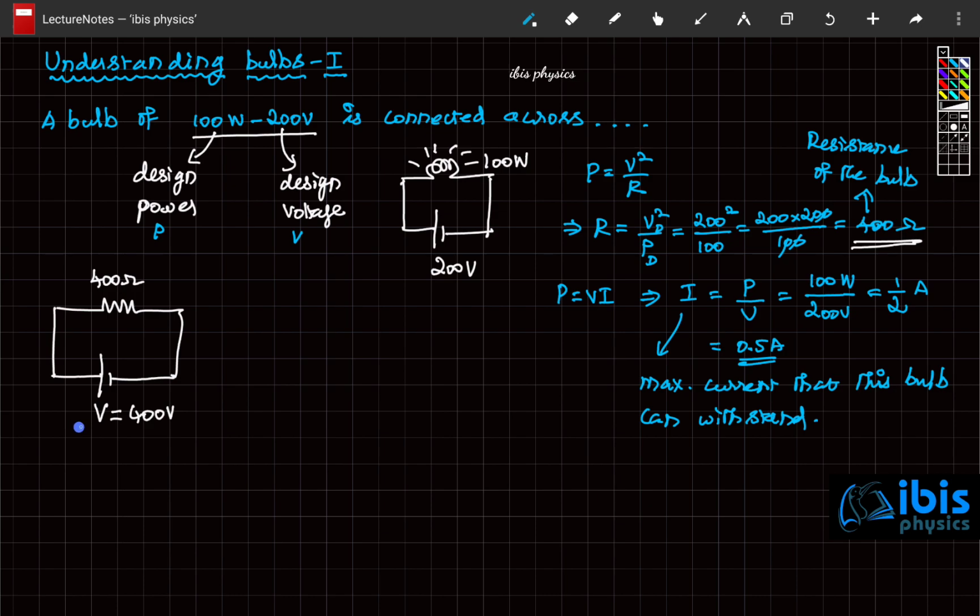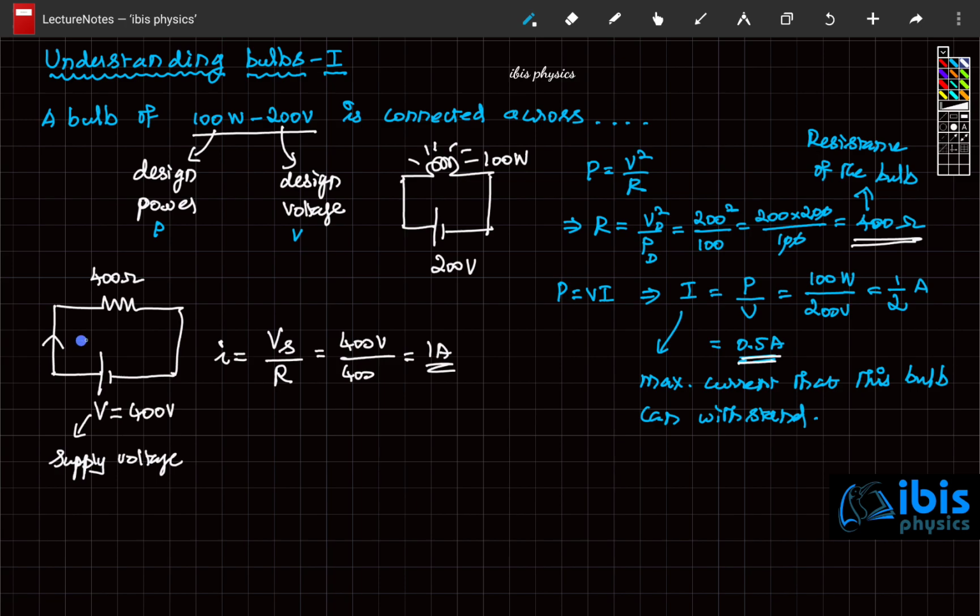This externally connected voltage is called the supply voltage. So the current in the circuit I is equal to V supply divided by resistance. V supply is 400 volt, the resistance of the bulb is 400 ohm, so we get 1 ampere. But what is the maximum current the bulb can withstand? 0.5 ampere. But now the current through it is 1 ampere.